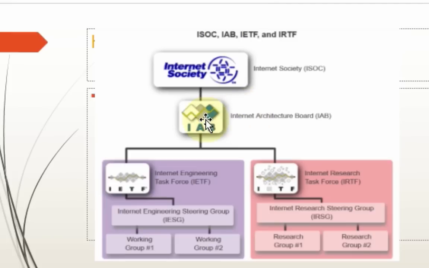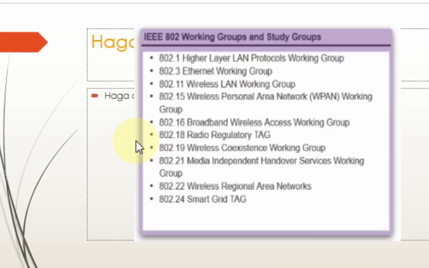The Internet Engineering Task Force's mission is to develop, update, and maintain internet and TCP/IP technologies. And the Institute of Electrical and Electronics Engineers, IEEE, is the professional organization dedicated to advancing technological innovation and creating standards.